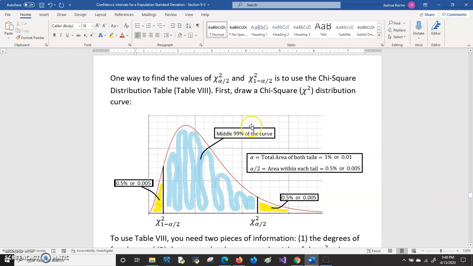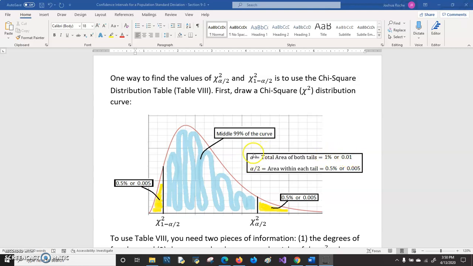And we'll start by drawing out the chi-squared distribution. I've already drawn this out. So again, this is a 99% confidence interval, so that means that the middle area of the curve represents 99% of the area, or 0.99, and that means that the tails of the curve, the left and right tail, have an area of the remaining 1%, or 0.01.